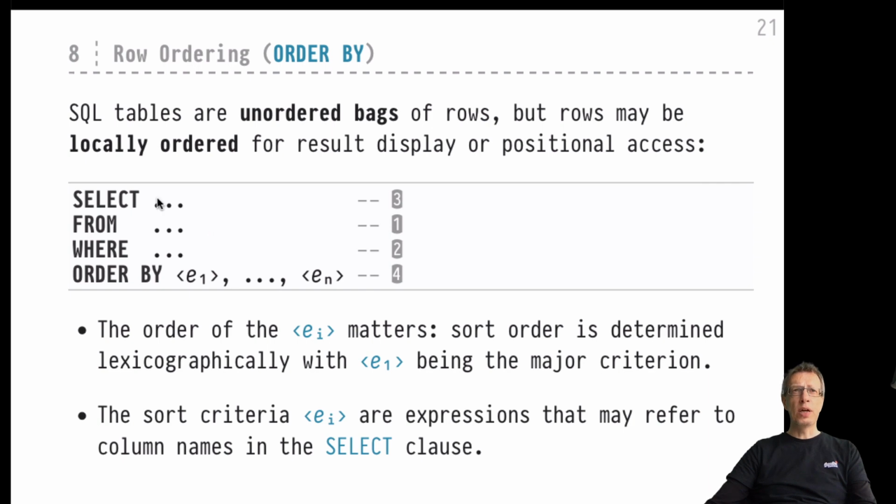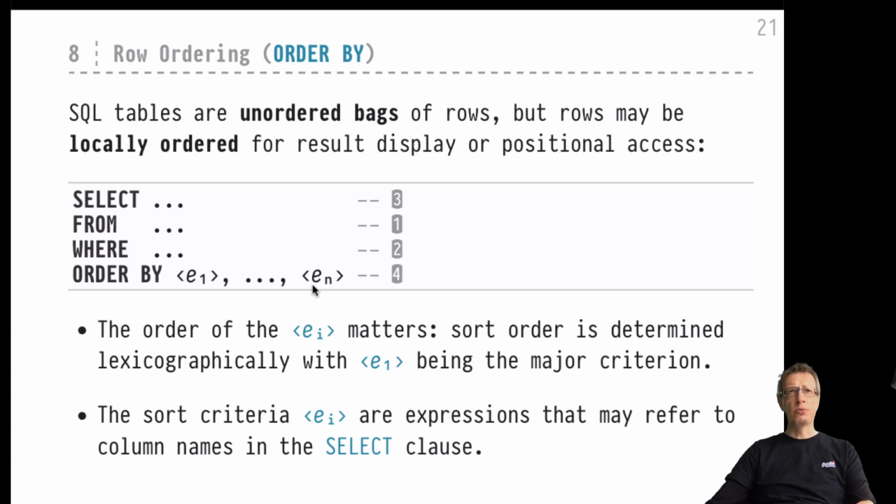Then we evaluate expressions of the select clause to form one of the possible result rows that will be part of the result. And then finally, in the fourth step, we come to the order by clause, which will reorder the resulting rows according to the sorting criteria E1 to En.